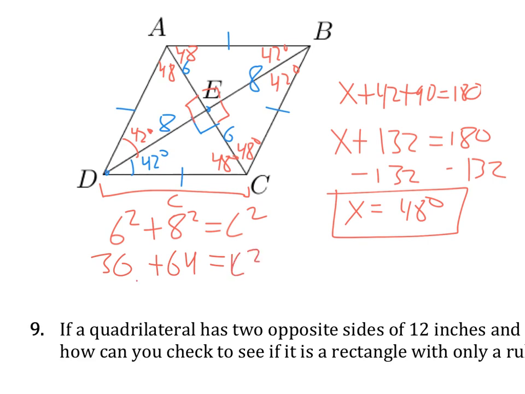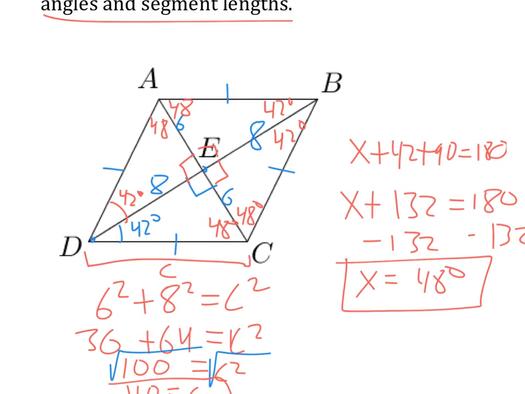Keep working your equation down the page. And then in the end, we're going to take square roots. Okay? And we come out with a nice whole number, 10. Doesn't have to be a whole number. In fact, usually it won't be. Okay? So this is 10. So all the sides are 10 because it's a rhombus. All the sides are the same.